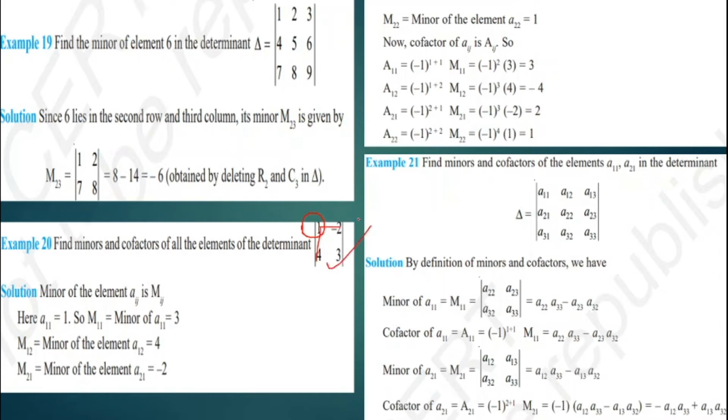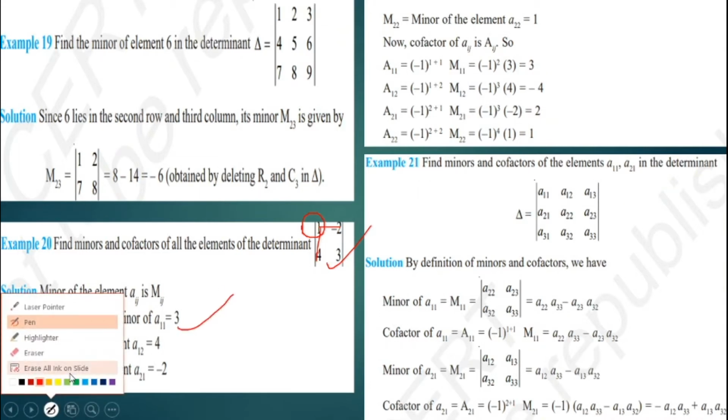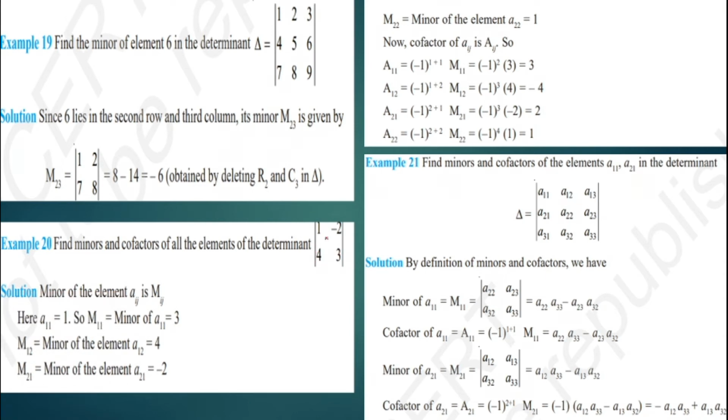So 3. So minor of a11 is 3. Next, negative 2. That is minor of a12. We delete this row, this column. So minor of a12 is 4.